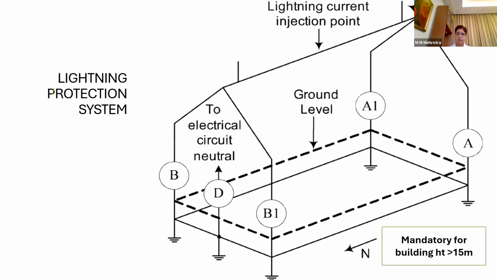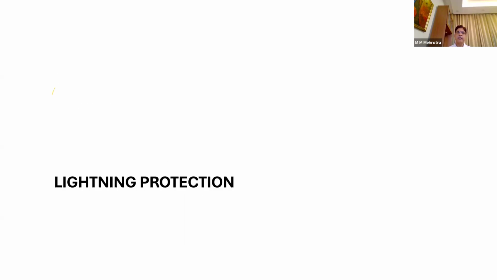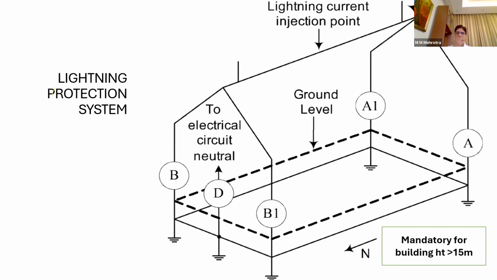Now, lightning protection. Lightning protection is very important, especially in coastal belts like Andhra and other places. There is a lot of lightning, so our buildings must be provided with sufficient protection. How will that protection be provided?